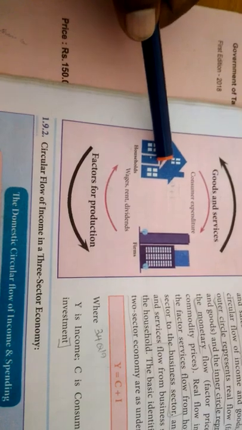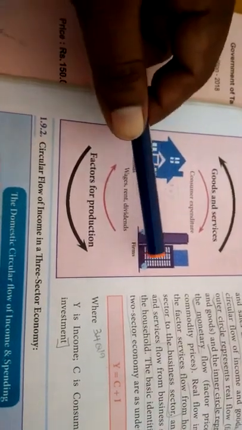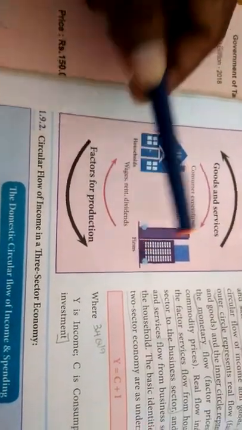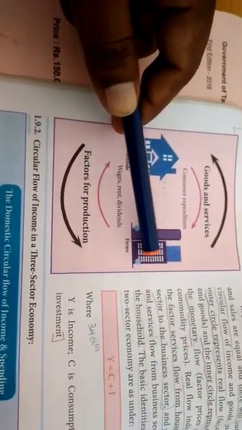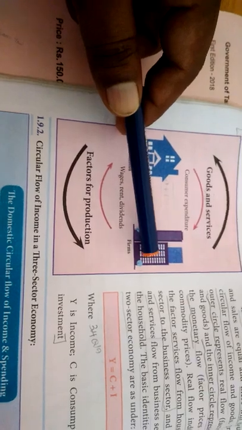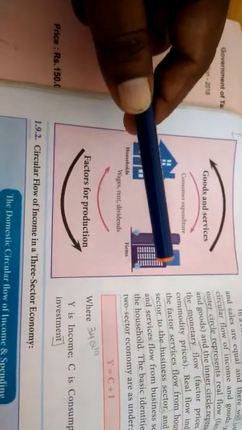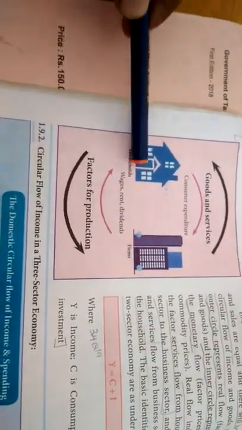So the household sector needs some commodities, but there is no commodity unless the firms produce it. If the firm wants to produce any commodities, what is needed? The factors of production. From where will it get them? From the household.